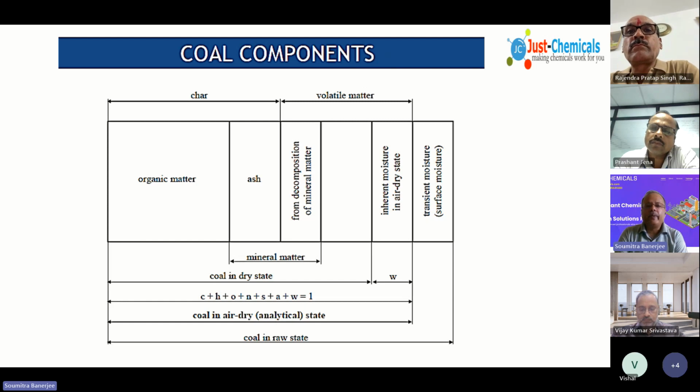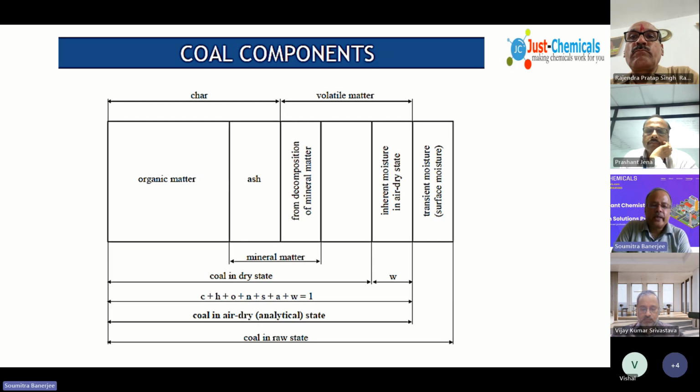After air drying, it may contain volatile matter, organic matter, mineral matter, plus inherent moisture. That is what is written here: C plus H plus O, carbon, hydrogen, oxygen, nitrogen, sulfur, ash, and some water. That is in dry state. And in raw state, when you receive it, it may contain the surface moisture as well.